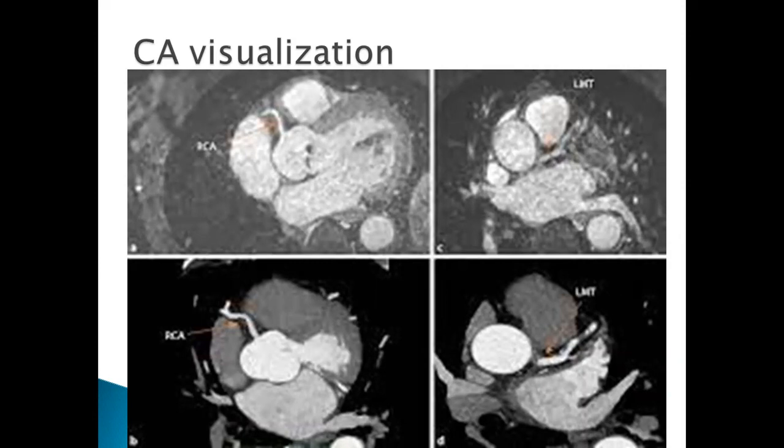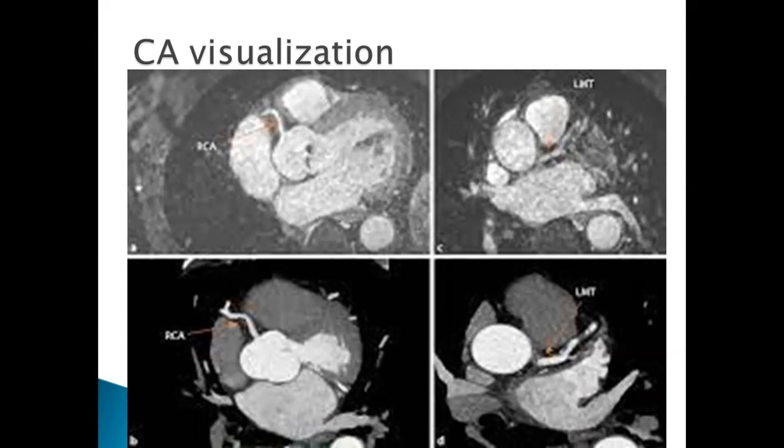See the topmost images, and when you compare those with the ones below, you can see that the ones below have adequate visualization of the coronary arteries, and on the one on top, the visualization is not optimal. You can't really even see distinctly where each artery is originating from, and it's very difficult to follow it.